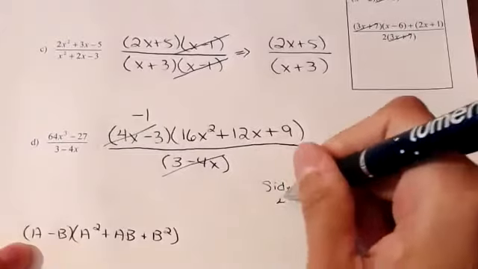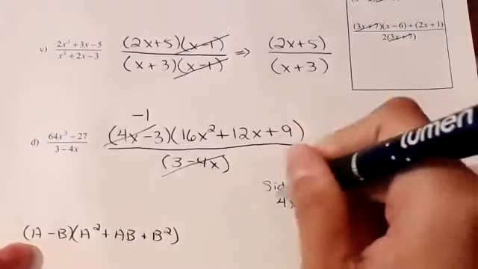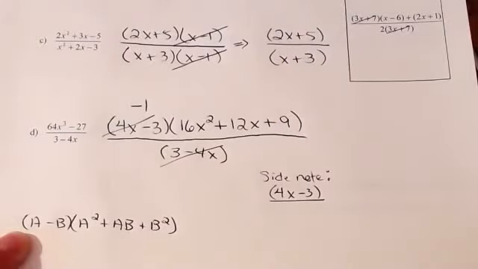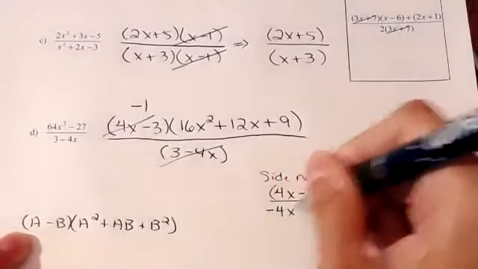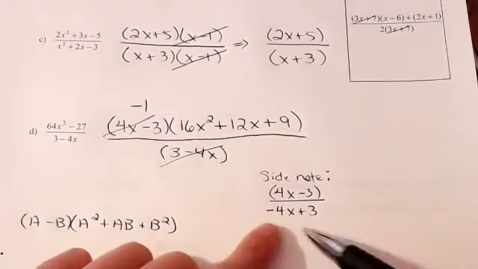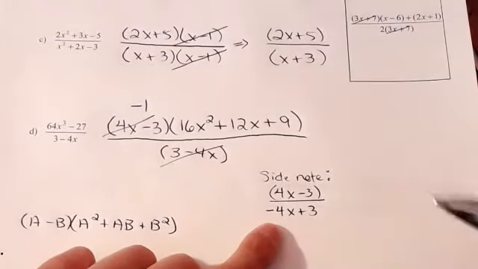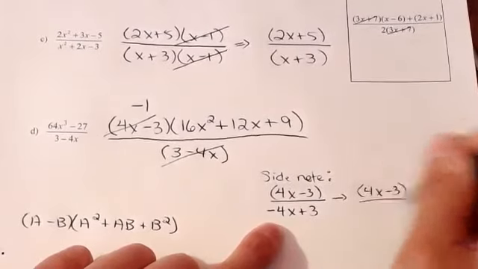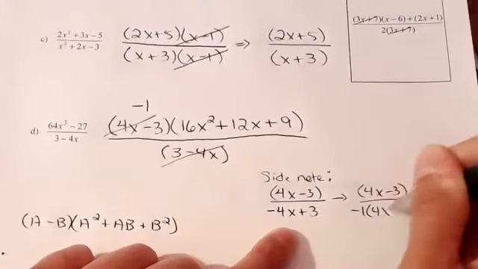in the numerator, we had 4x minus 3, right? In the denominator, we have 3 minus 4x, but that's not descending order. If I write it in descending order, I have -4x plus 3. Okay. Then I say to myself, I have a leading negative. So I go through the process of saying, okay, let's just factor out that leading negative. And oh, what do you know?